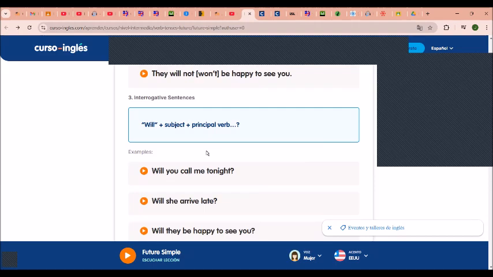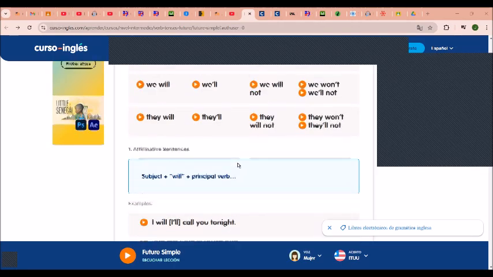And when asking questions with the future simple, we're going to use either a question word like what, why, when, where, how, and which, or we can start with the auxiliary will. So will you, will she, will they be happy? All right, as we express these simple future ideas.